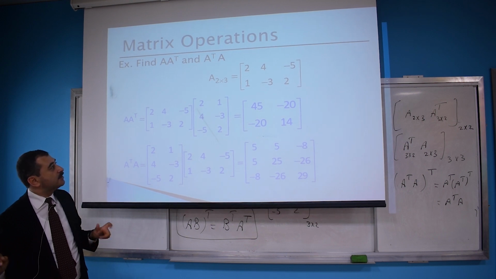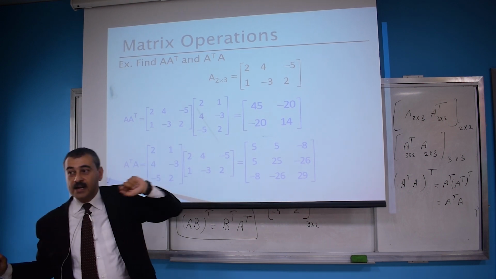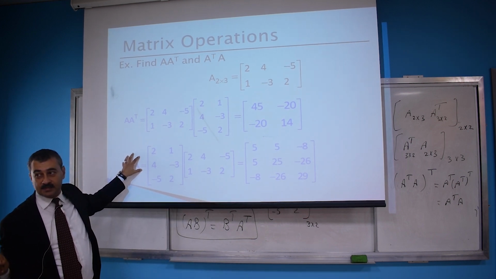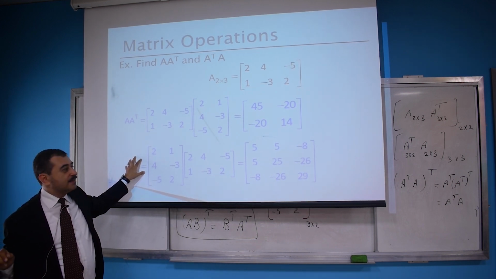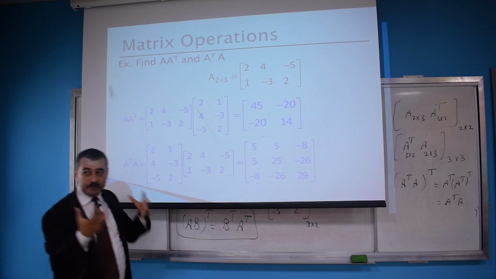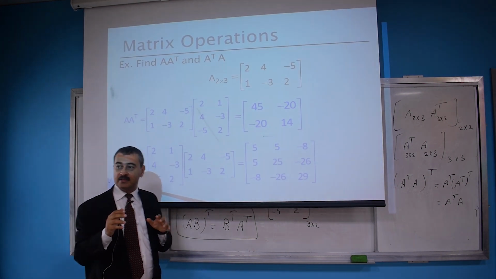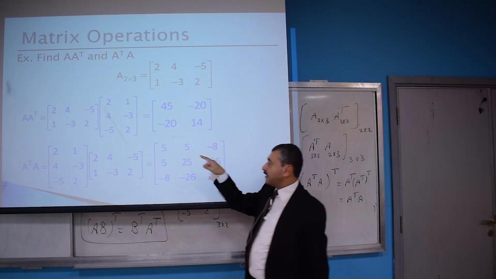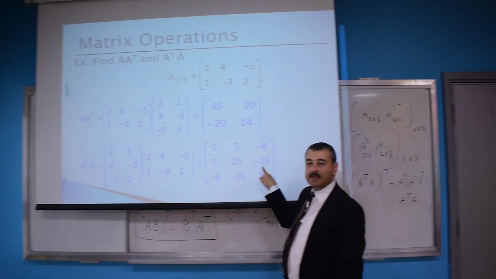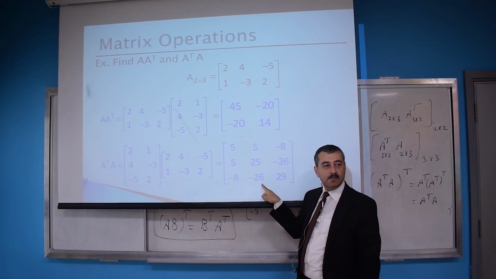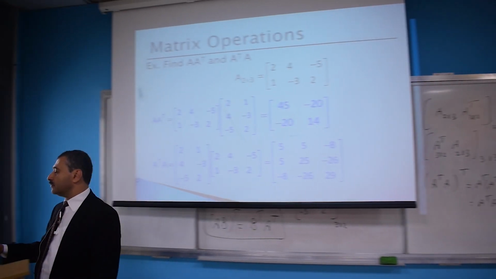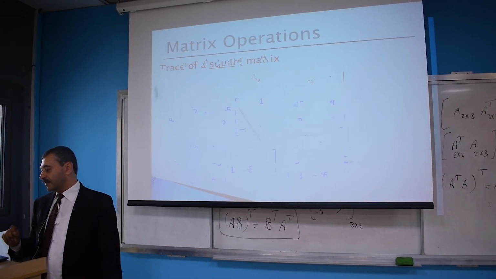No, A does not equal A transpose. How do you benefit from this property in calculations? In the calculation, you calculate only these guys, and these guys are the same. Okay?